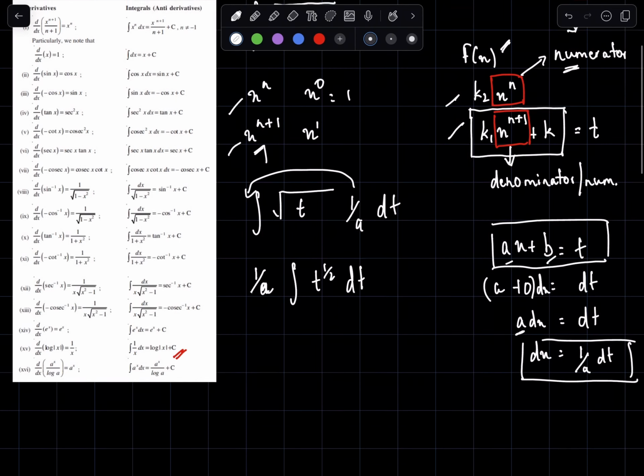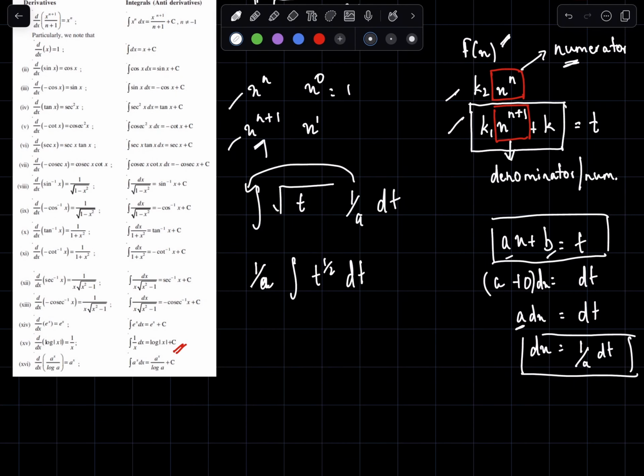Now how do you integrate t to the power half? Easy, add 1, which is t to the power half plus 1 divided by half plus 1, plus c. Okay, so what is half plus 1?